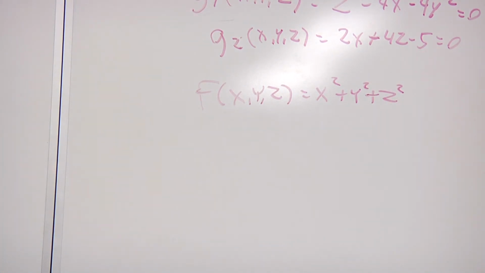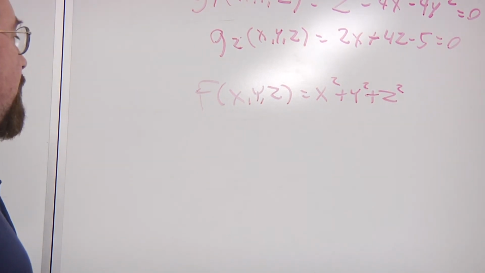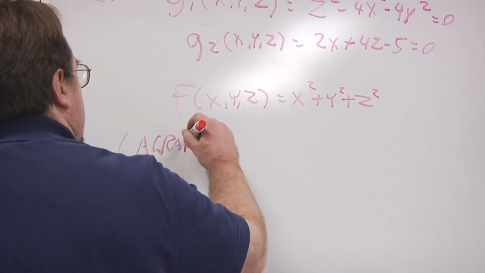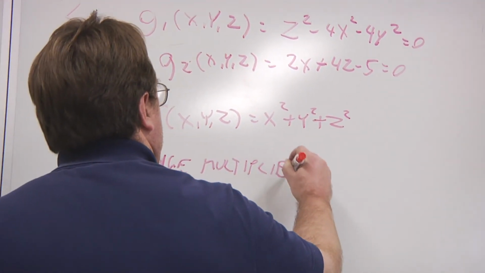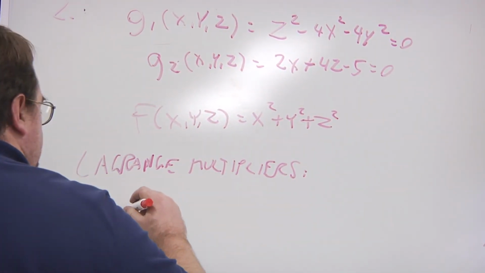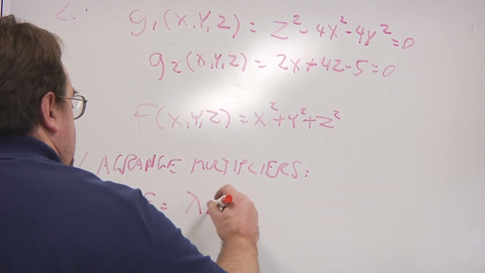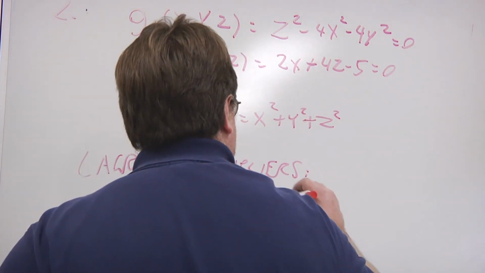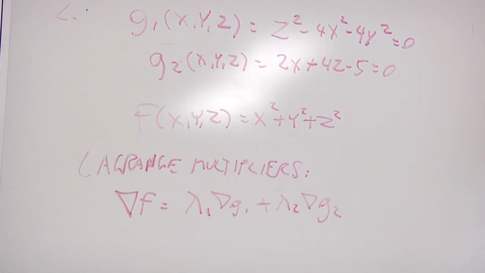Okay. So, to carry out the method of Lagrange multipliers, you have gradient of F equals lambda 1 times gradient of G1, plus lambda 2 times gradient of G2, for some lambda 1 and lambda 2.